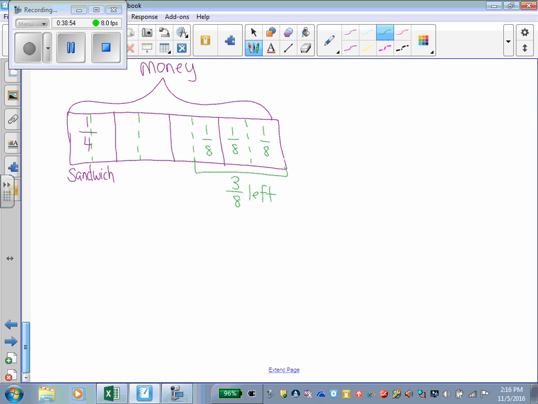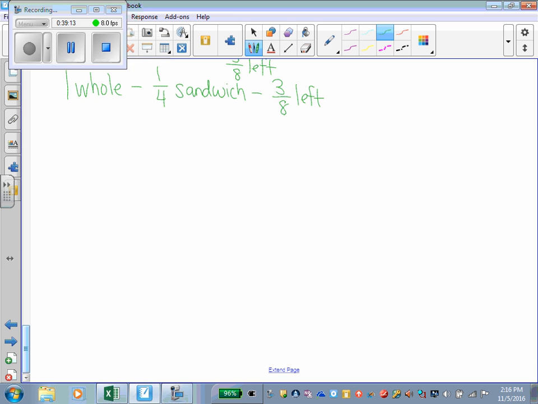We have 1 whole, minus the 1/4 for the sandwich, and then minus the 3/8 that he has left. So 1 whole minus 1/4, looking at my 4 as my denominator. My 1 whole is going to be 4/4 minus 1/4.